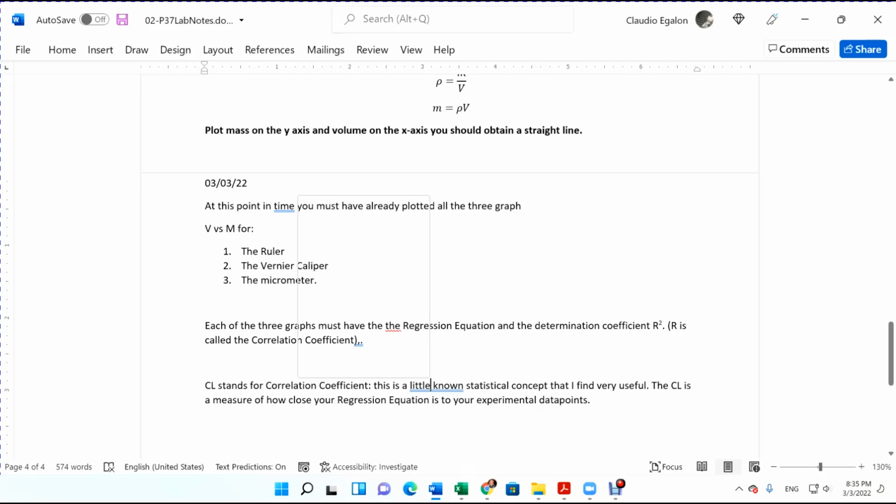It's a little used statistical concept that I find very useful.